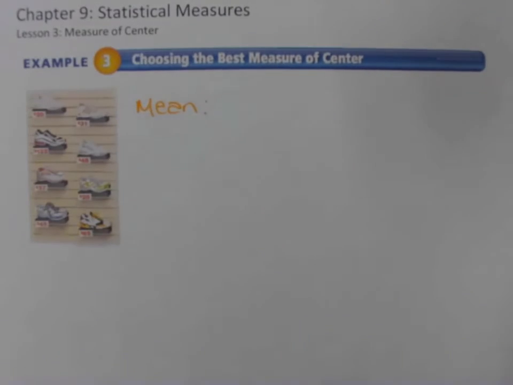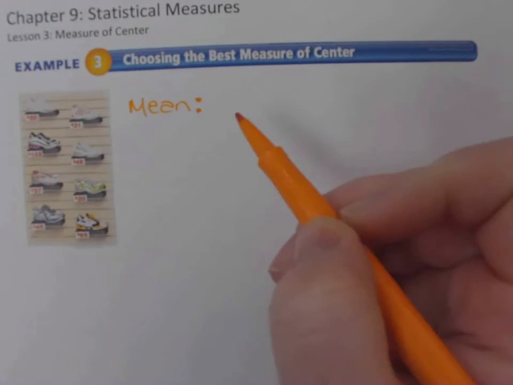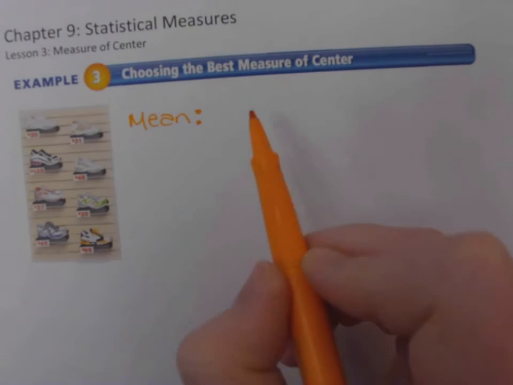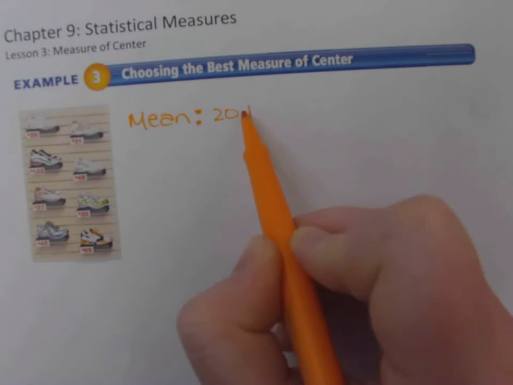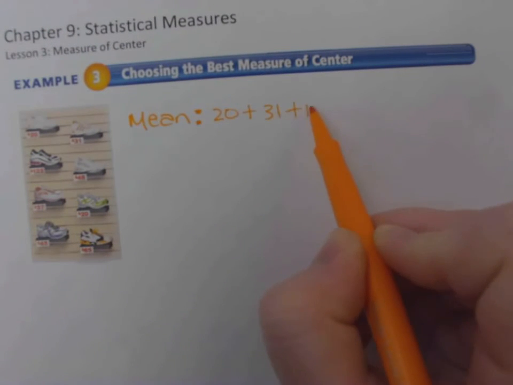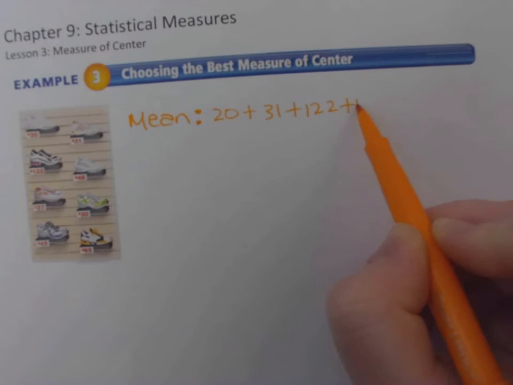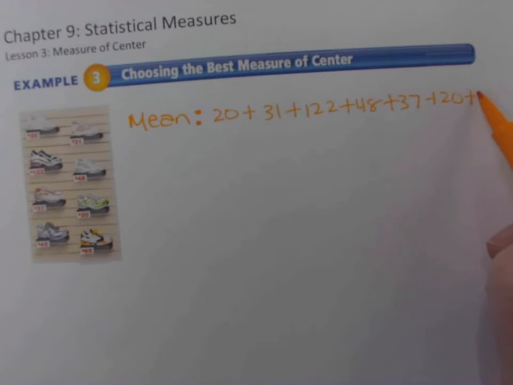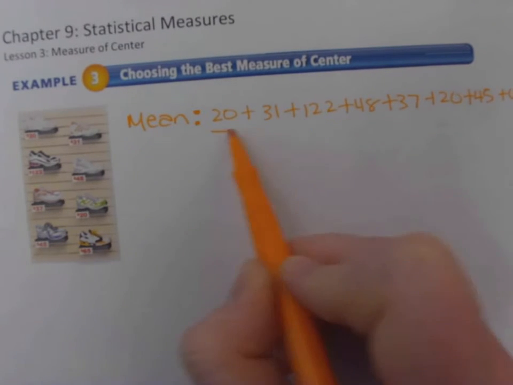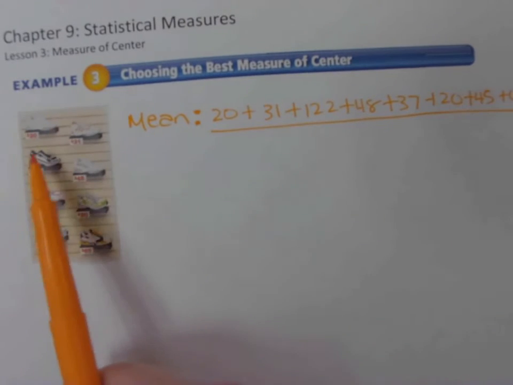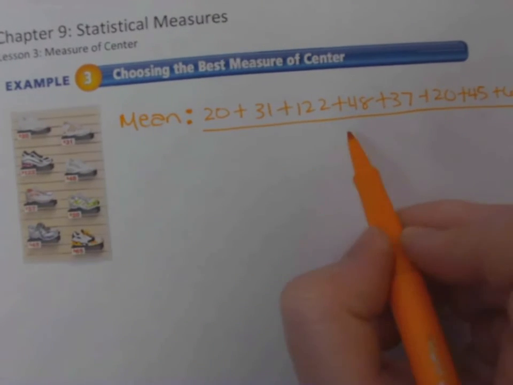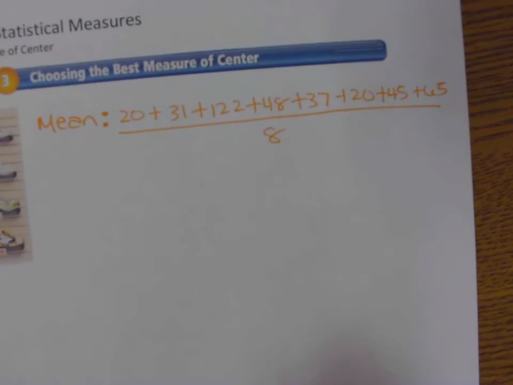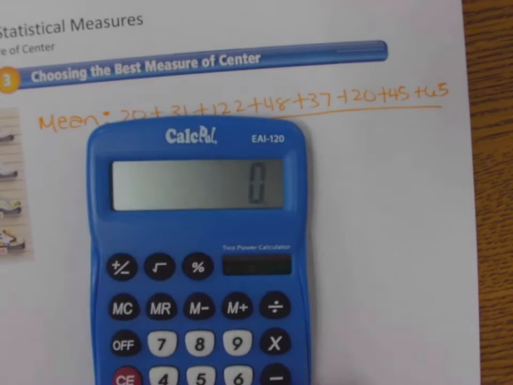So our mean, again, we want to add up all of our data values and then divide by how many there are. So we have 20 plus 31 plus 122 plus 48 plus 37 plus 20 plus 45 plus 65. And then we're going to divide all that by how many we have, which is 8 tennis shoes. All right, so let's find what our mean is.